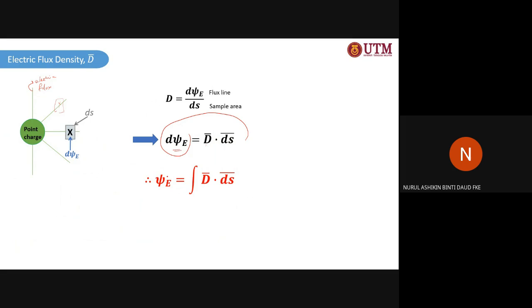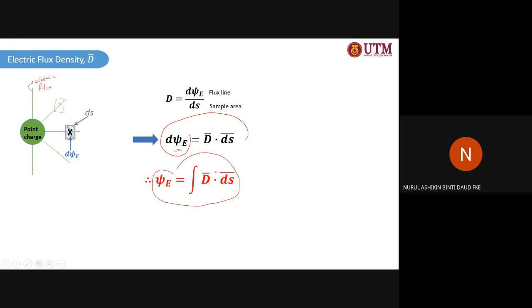We can rewrite it as this equation: flux line is equal to the integral of the dot product of electric flux density with the sample area, both of which are vectors.